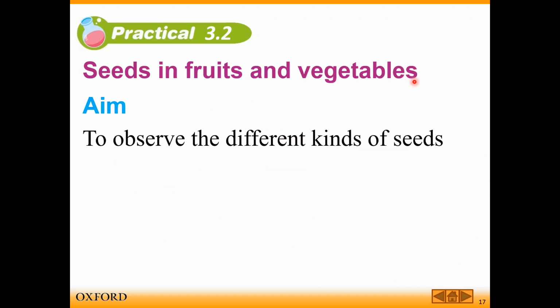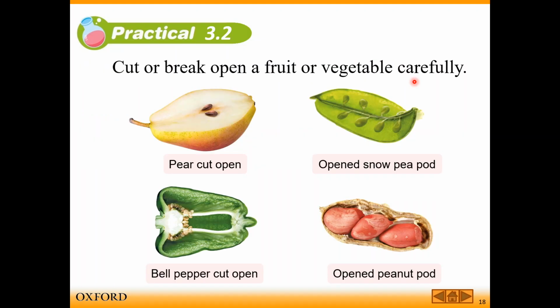Now we take a look at the seeds inside the fruit. If we cut and break open the fruits like this, the pear, the pea pod, the bell pepper, and the peanut, you can see different shapes, sizes, and colors of the seeds.